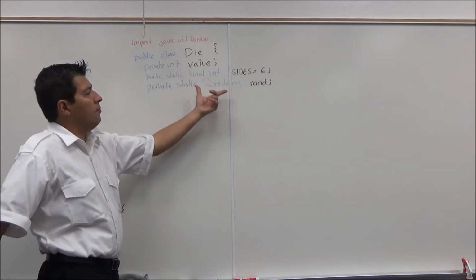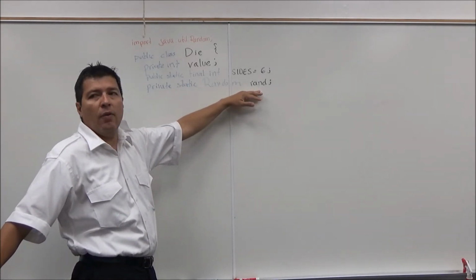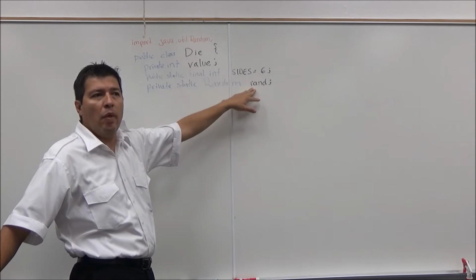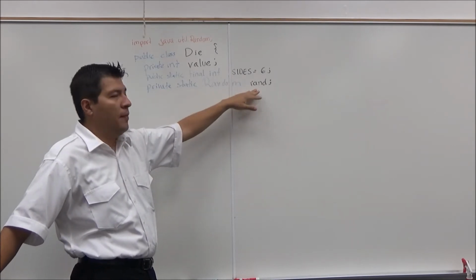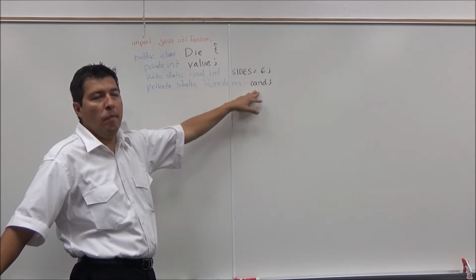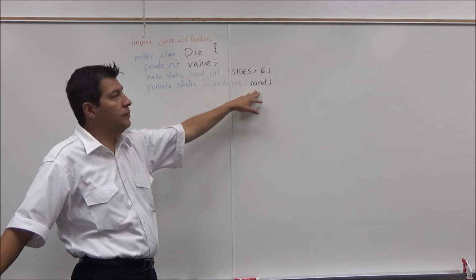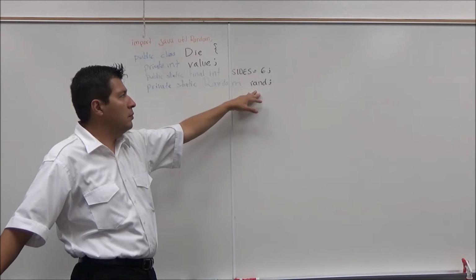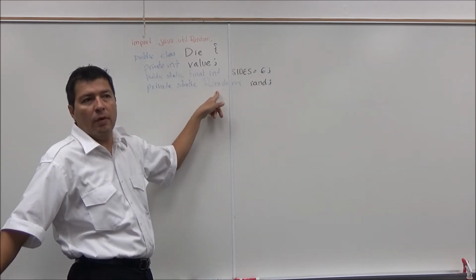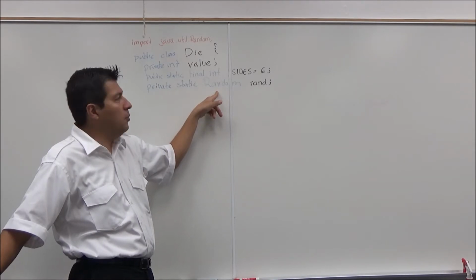if I do this, how many bits did I allocate for this variable? By declaring this, how many bits did I allocate? Is this a primitive or an object? It's an object, right?